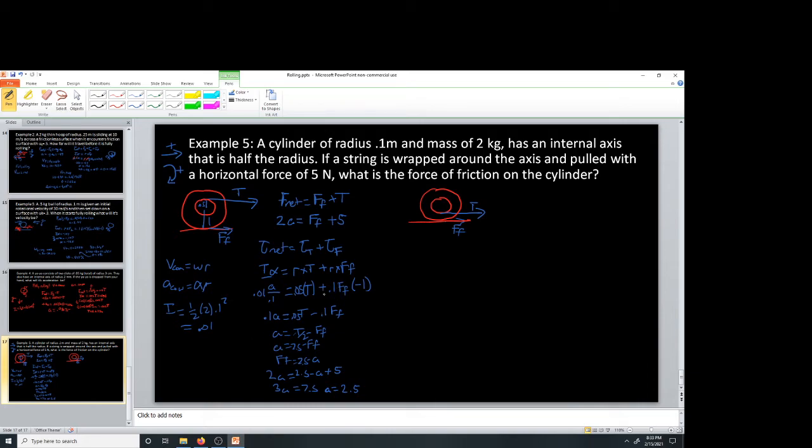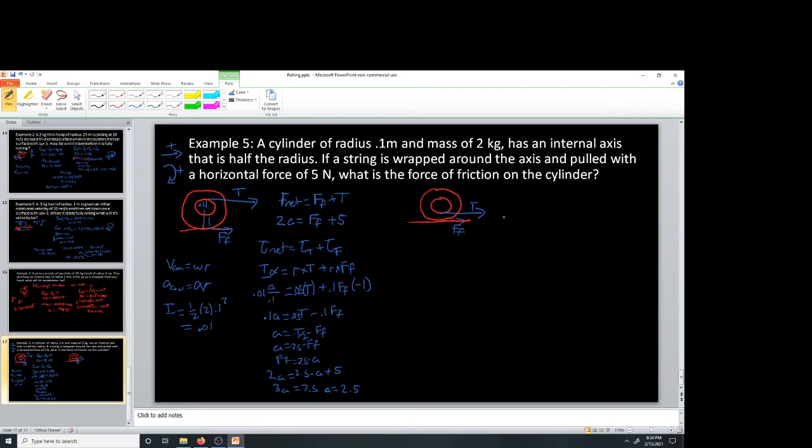How have I made this mistake? 0.05 times t, 0.1. Alright, well I'm not remaking this video at the moment, so I'm going to keep going. I'm going to do the second one, and hopefully I won't make the same mistake here.